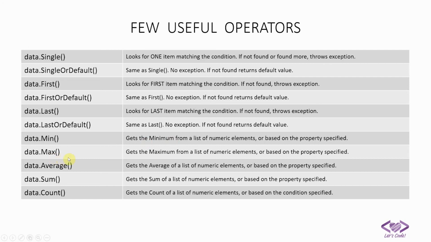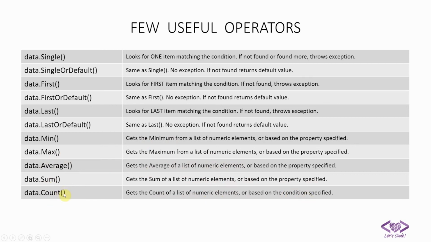Similarly max gets the maximum, average gets the average of all the list, sum gets the sum of all the numeric elements or the property which you mention, and finally the count, which gives you the list count. If it is a list of numeric elements, it will directly give the count, or you have to specify the condition.